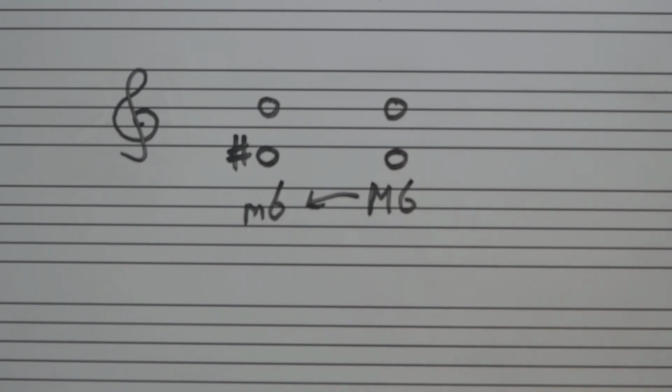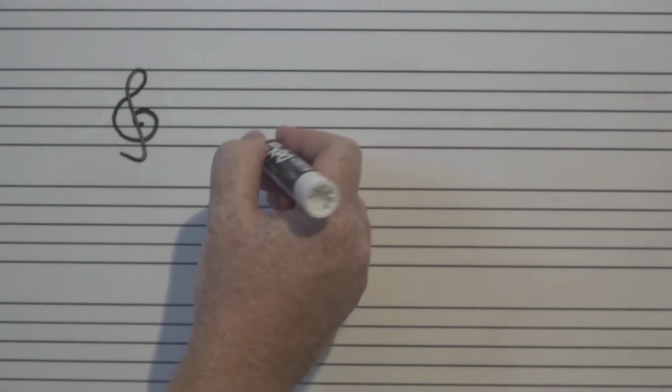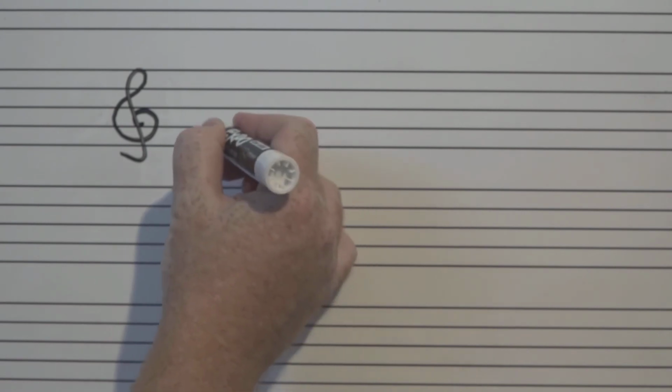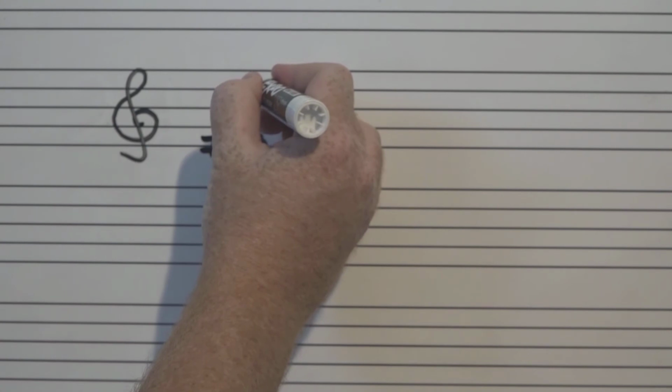Let's do another one just to make sure you have it. Let's do an E sharp up to a D. Now, it may take some time to be able to get to this interval, but you should be able to do it.